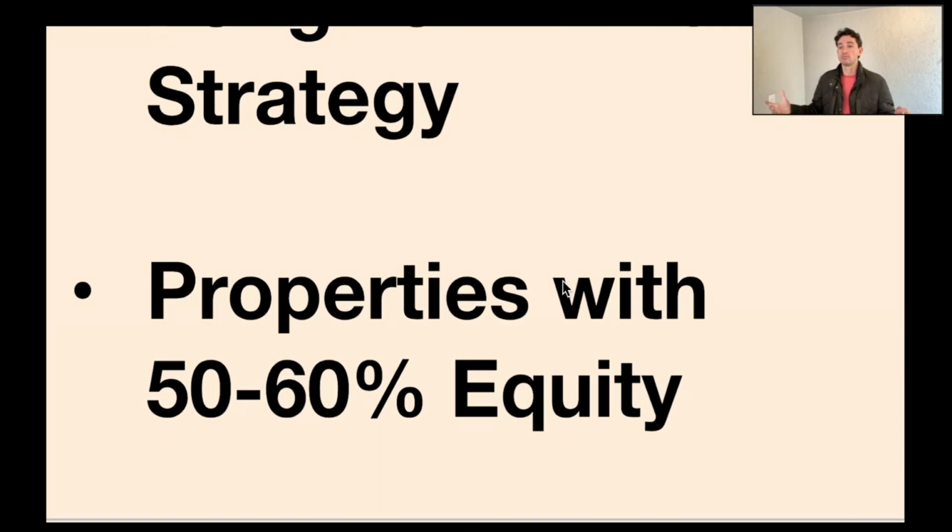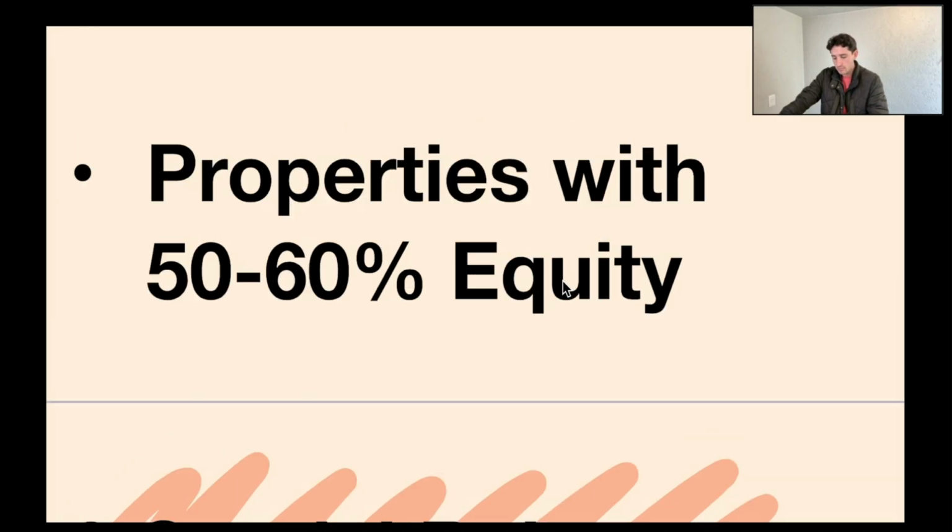Now, you will never know if the property is free and clear until you have a conversation with either the seller or the agent. So this strategy can still work if the property still has 50 to 60% in equity. Okay?